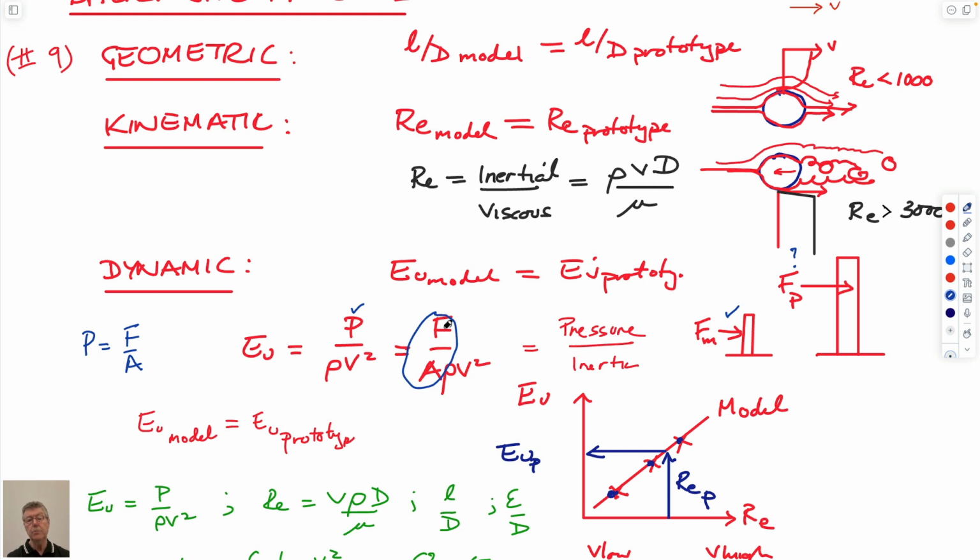And so if you go to your model and you measure the force that's applied on the model, maybe with strain gauges measuring the deflection of a structure that has a given stiffness, you know some kind of area, the characteristic dimension, you know the density of your fluid, and you know the velocity you're flowing at, then you can get the Euler number for the model. And you know that the Euler number for the model, which you can get, has to equal the Euler number for the prototype, which you'd like to get.